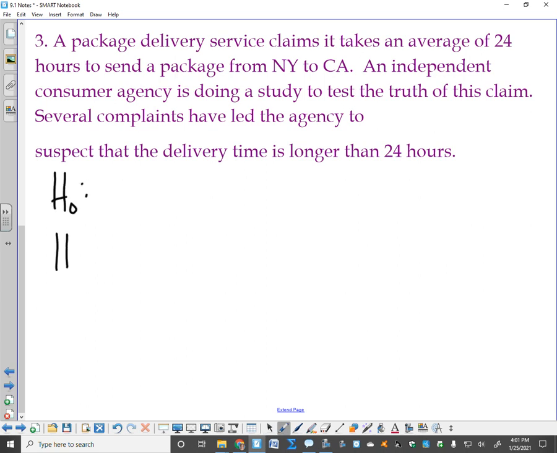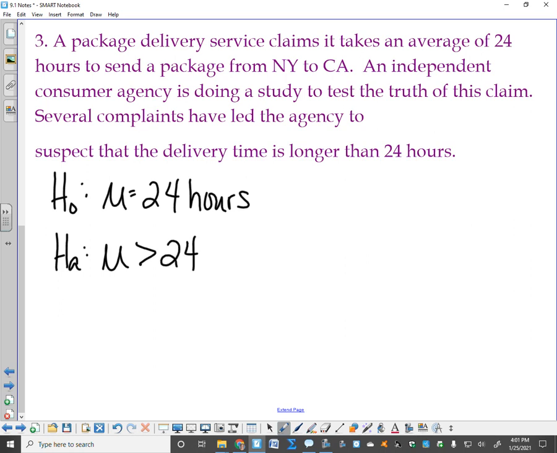Null, alternate. 24 hours. Make sure you've got your units of measurement. We're claiming that we're suspicious that it takes longer, so greater than 24 hours.